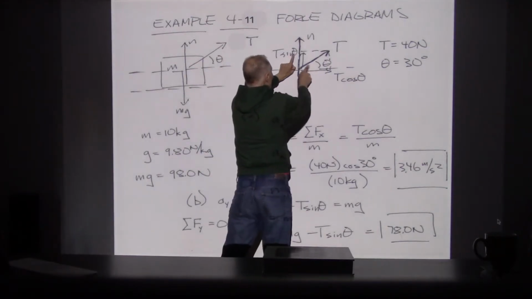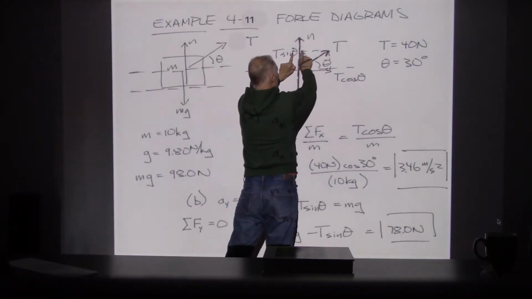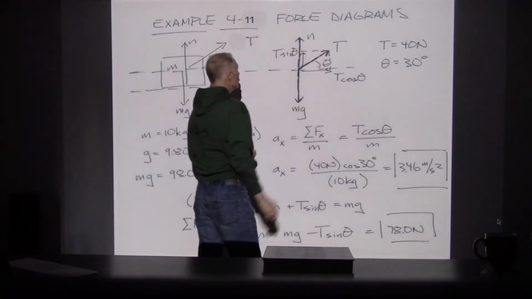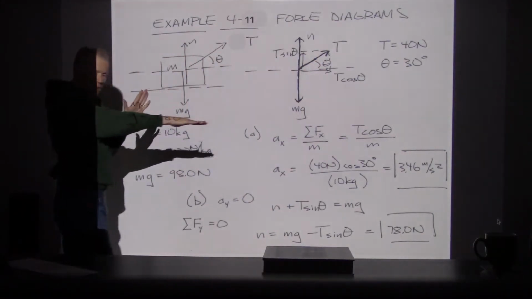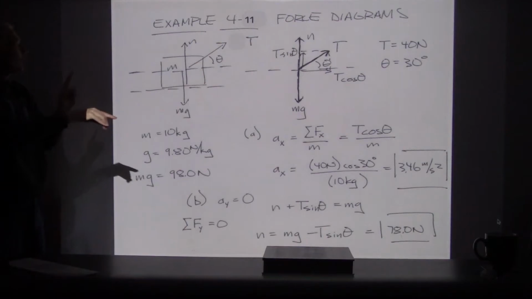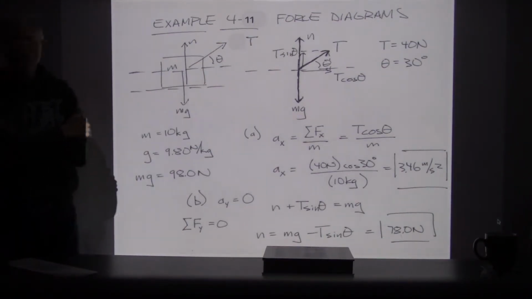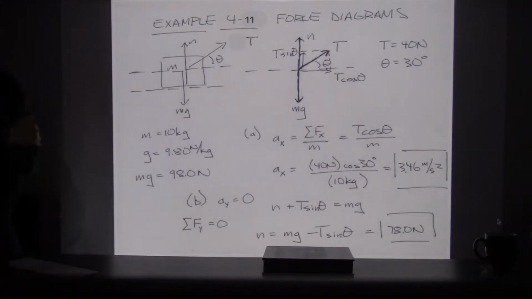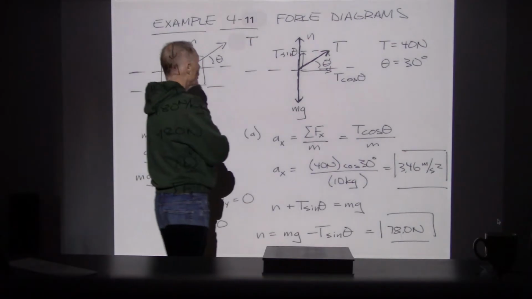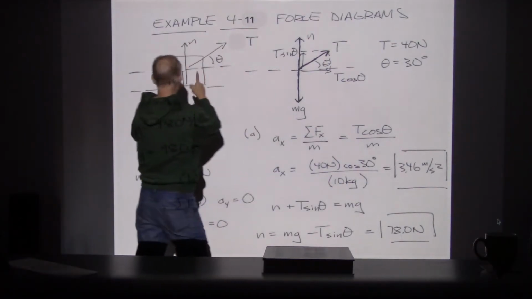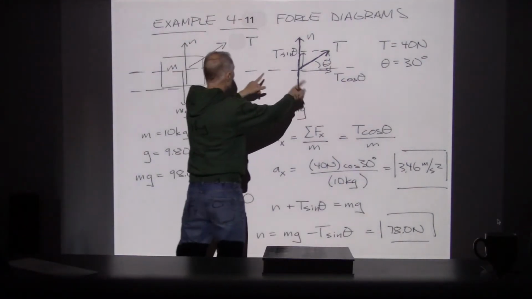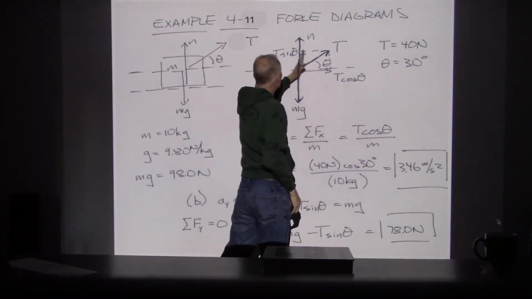So I'm going to draw this rectangular box around the tension force, and one of the sides of the rectangle will be horizontal, the other side is going to be vertical. Horizontal component is going to be T cosine theta. The vertical component is going to be T sine theta. So one diagram here, and then we redrew it with the individual components.